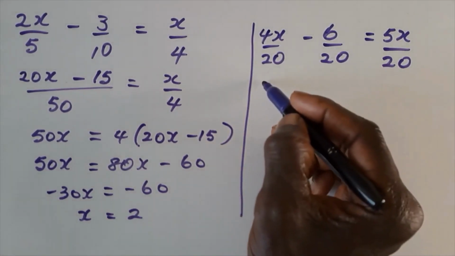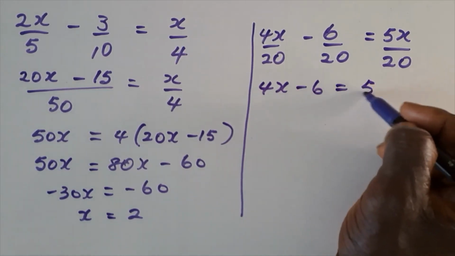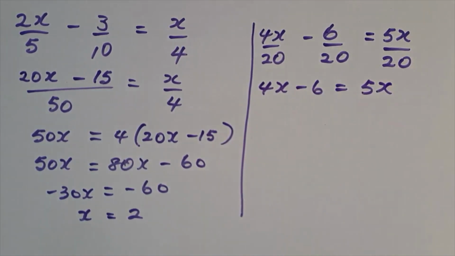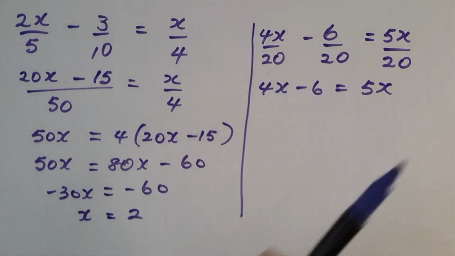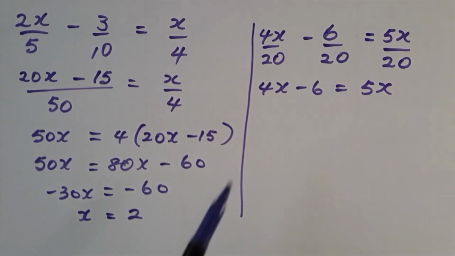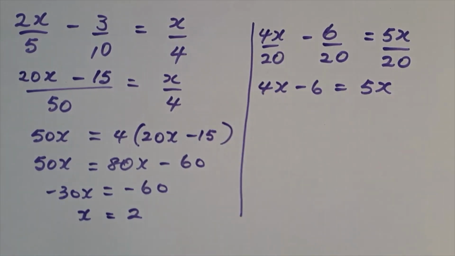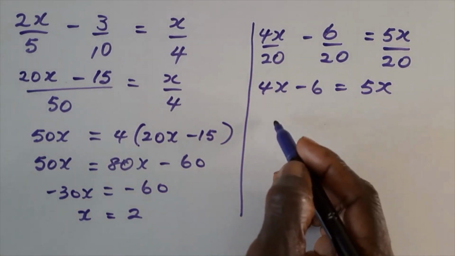And now we can just write this as 4x minus 6 is equal to 5x, because all of them have the same denominator of 20. We multiply each side by 20. We eliminate the denominator and we're just left with 4x minus 6 equal to 5x.